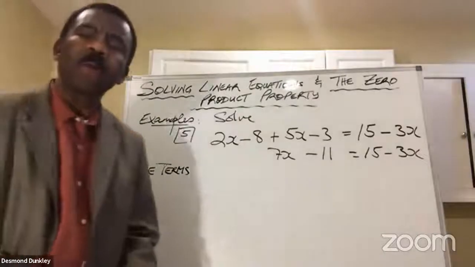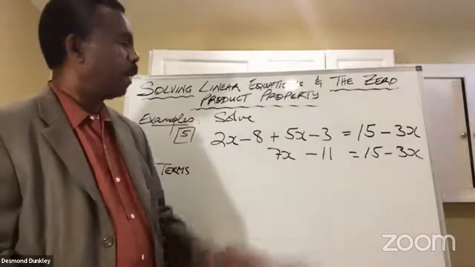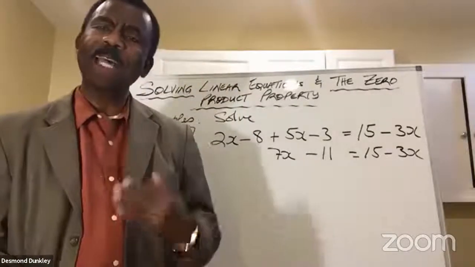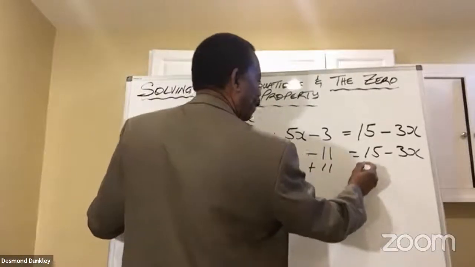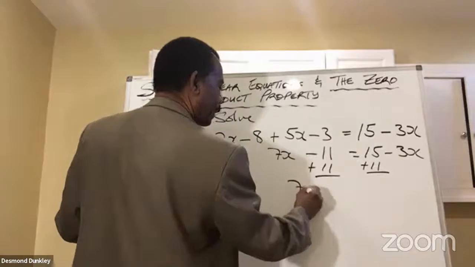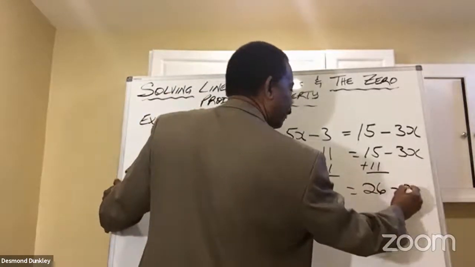So now, could we get rid of the negative 11? We get rid of the negative 11 by adding 11 to both sides. So we end up with plus 11, and we end up with 7x equal to 26 minus 3x.